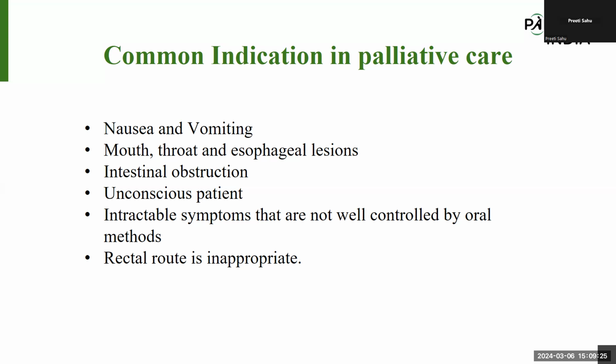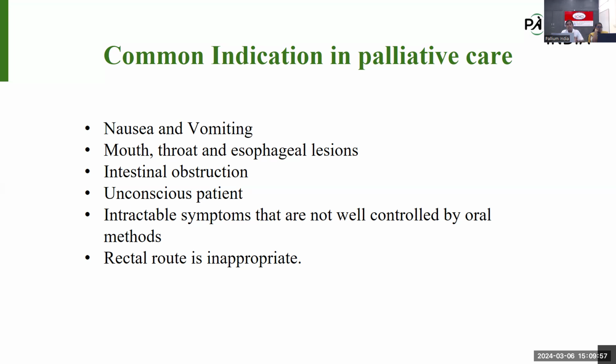Yeah, the patient may experience constipation and potentially nausea and vomiting after taking opioids. The patient is already on chemotherapy and radiation and now has severe vomiting, and we can't introduce anything orally, or due to the unavailability of an IV line, we can choose subcutaneous infusion. Then the next one is mouth, throat, and esophageal lesions.